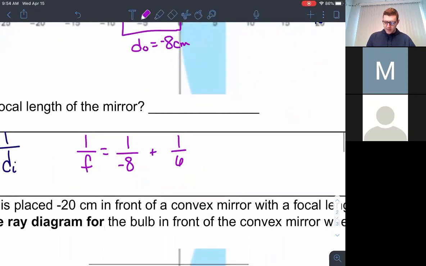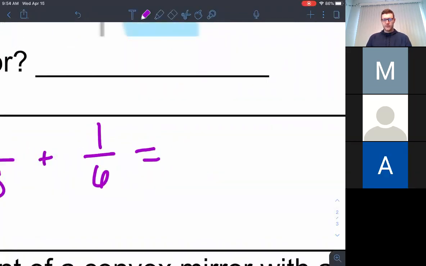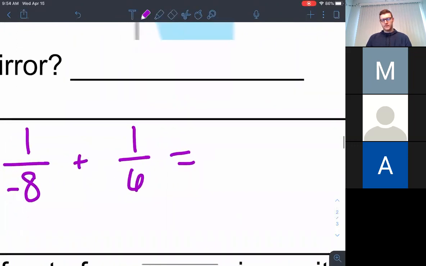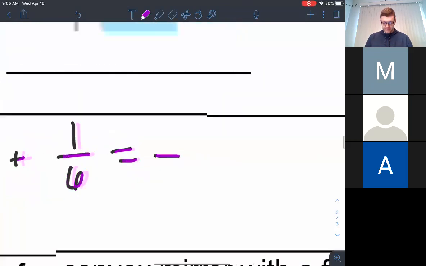So now, what is 1 divided by -8? -0.125.